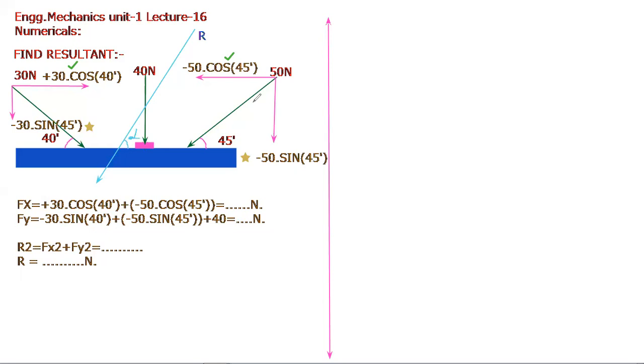And you are having the formula to find out tan of alpha. Tan of alpha is equal to summation of Fy divided by summation of Fx.